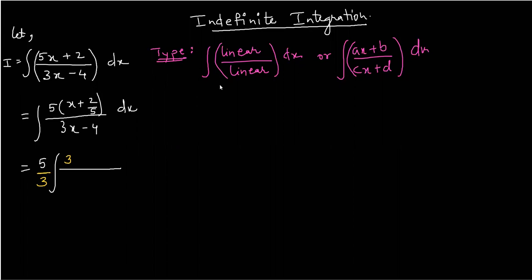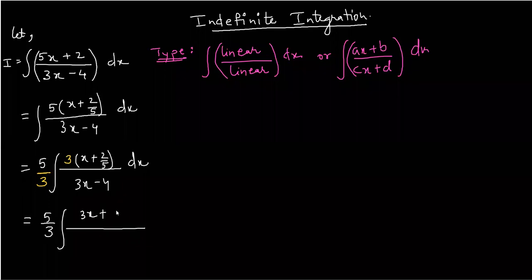So I multiply by 3 and now I get 3 times (x + 2/5) over (3x - 4). Why I am doing so, you will understand in a while. So the next step is 5/3, and this becomes (3x + 6)/5 upon 3x - 4.